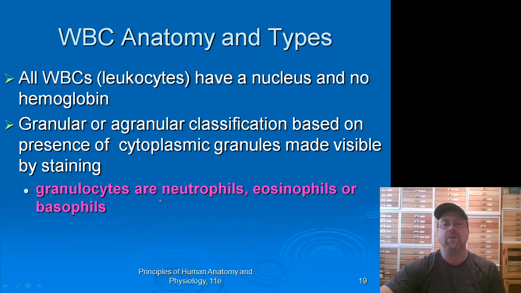Okay, so as I mentioned, we have two different kinds of white blood cells. Granulocytes are the neutrophils. So these guys that have little grains in their cytoplasm, they are the neutrophils, the eosinophils, and our basophils. Remember, basophils were also called mast cells. They categorize these cells called mast cells as a type of basophil.